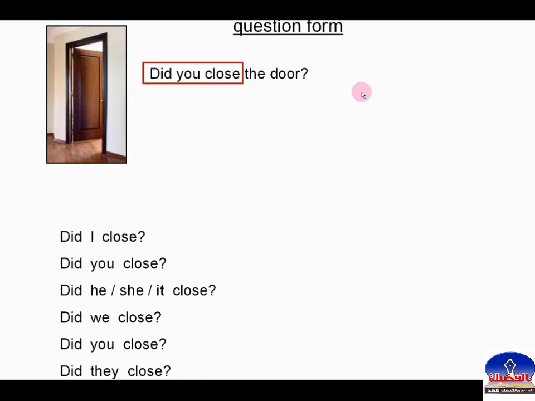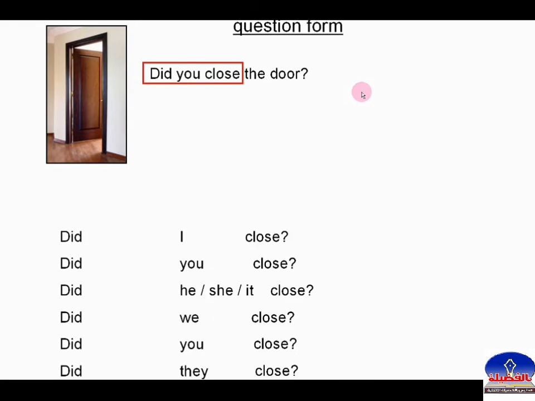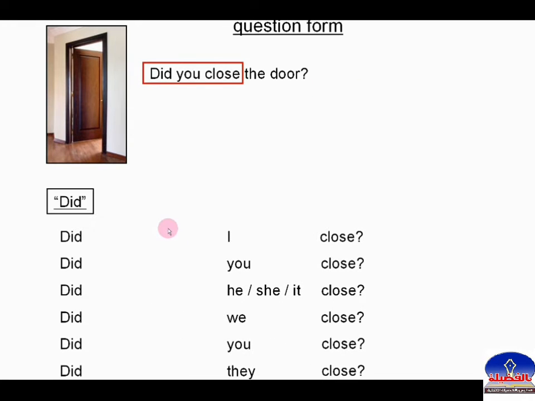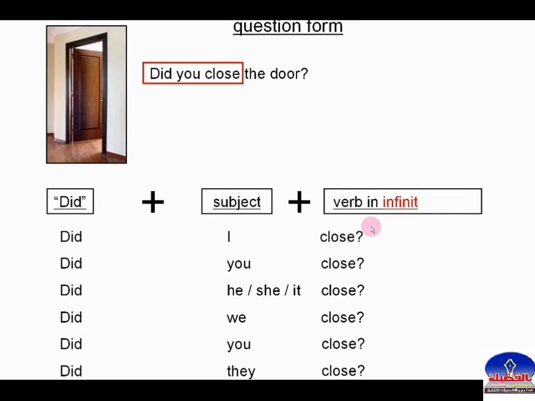Did they close? So did, the subject, and again the verb in the infinitive form. So the important word is did at the beginning of the sentence, the subject, and the verb in the infinitive form.